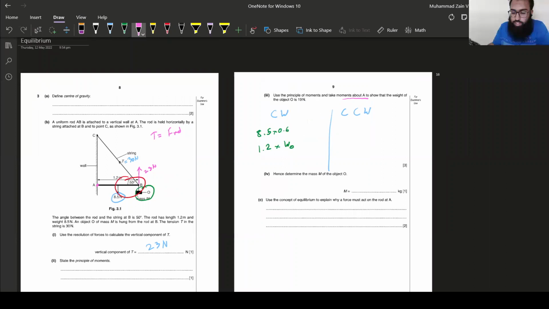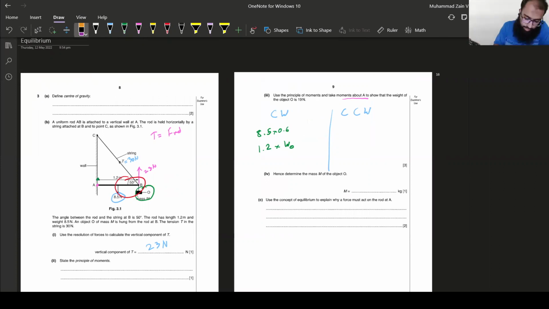But if point A was somewhere else, then we wouldn't have ignored the horizontal component. We only ignored the horizontal component because it was passing through the pivot and therefore it wasn't causing any turning effect. So that's why we did it.